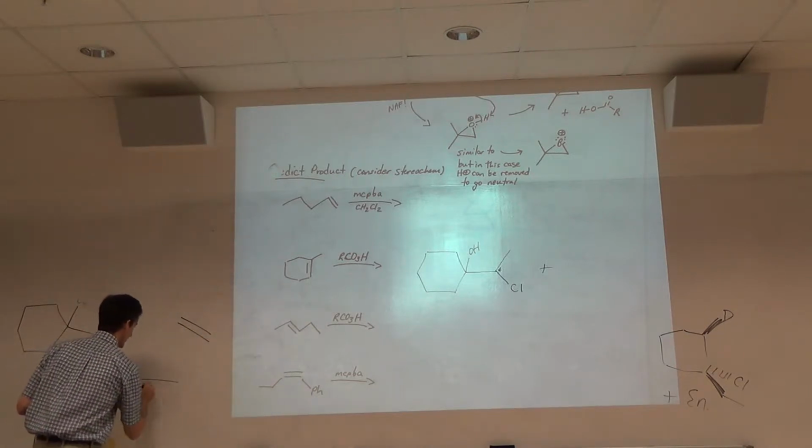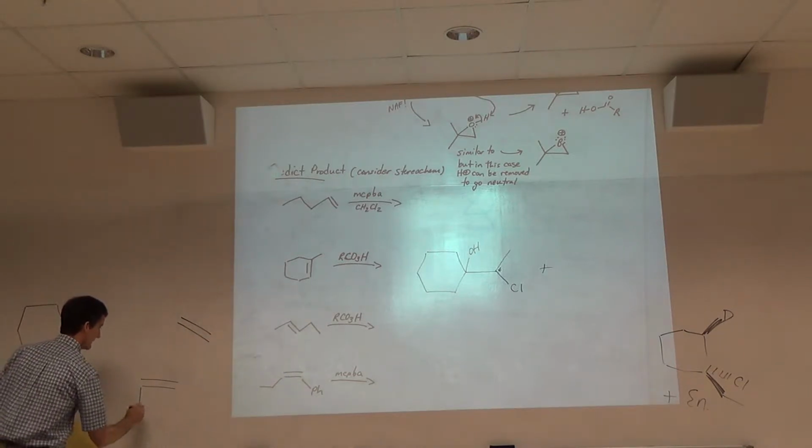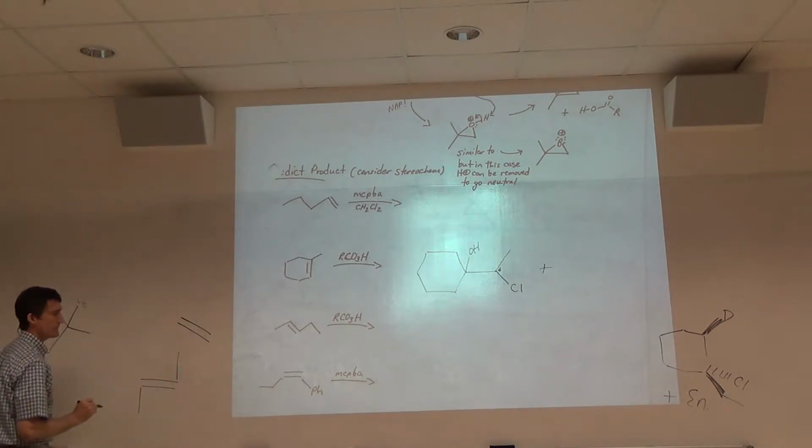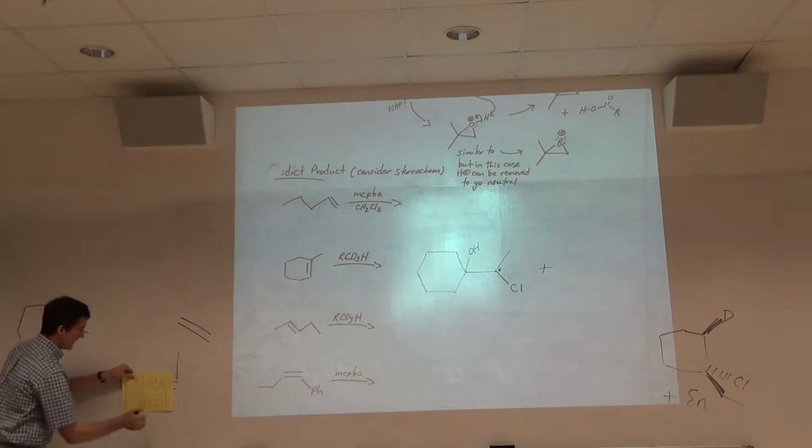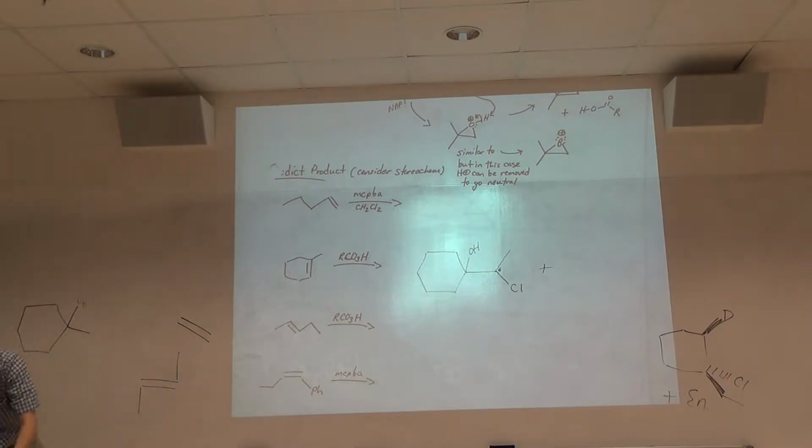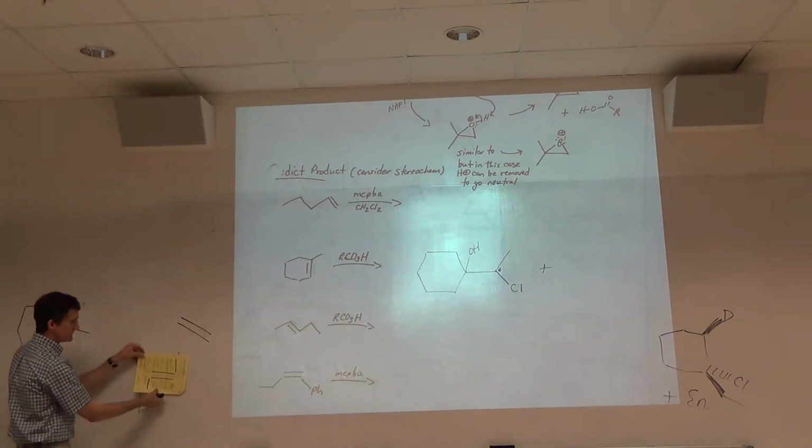Now if I drew it like this, it'd be easier to see what I'm about to do. Here, let me draw it on the paper. Okay, there it is on the board, all right?